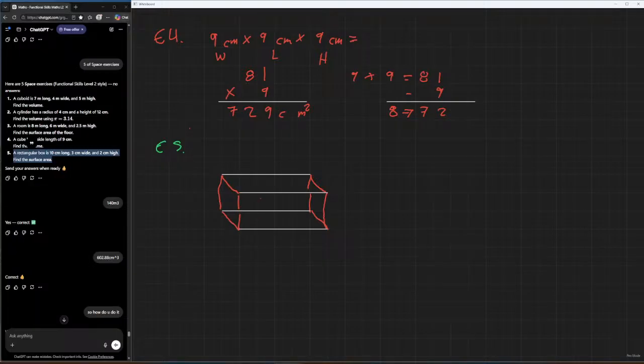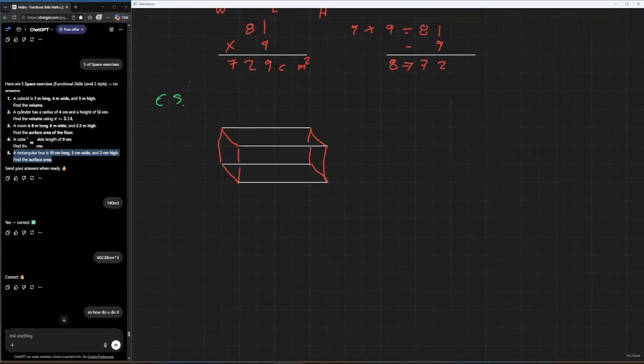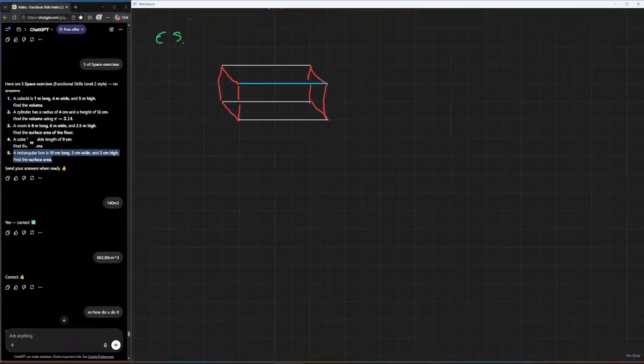So we have a rectangular box. Let me do this. 10 centimeter long, 3 centimeter wide, and height is 2 centimeter. Find the surface area.